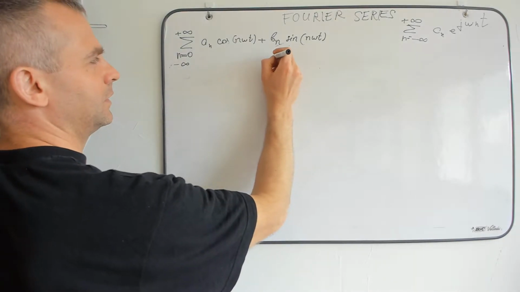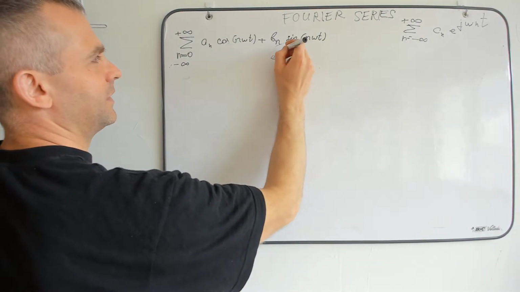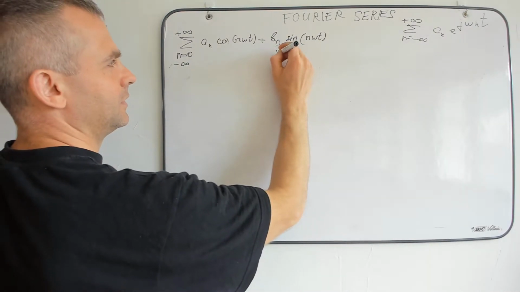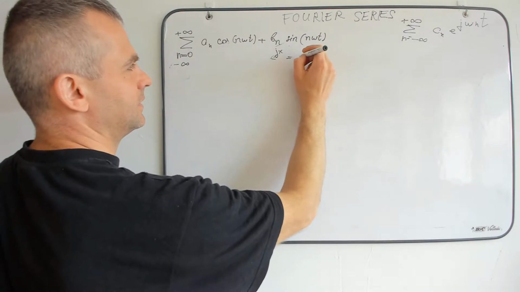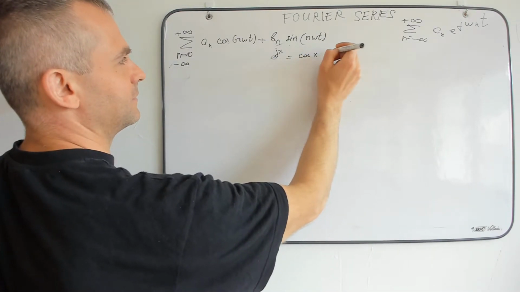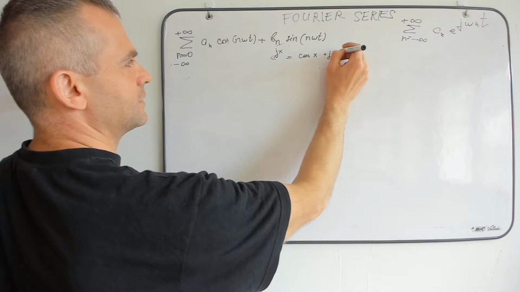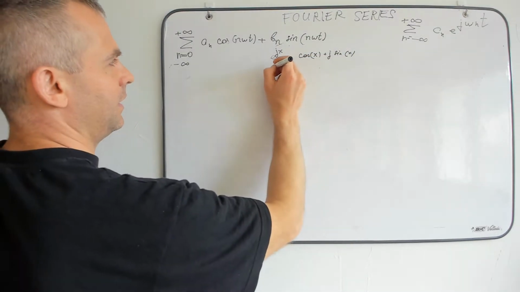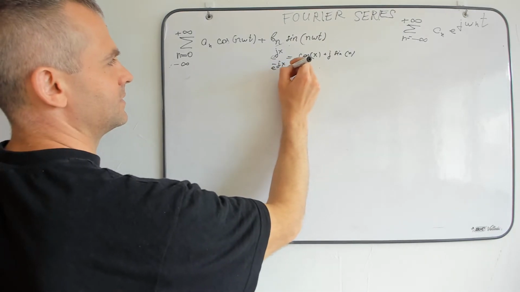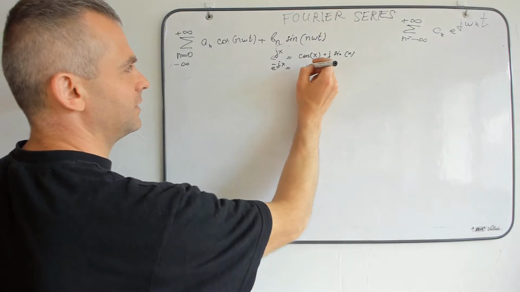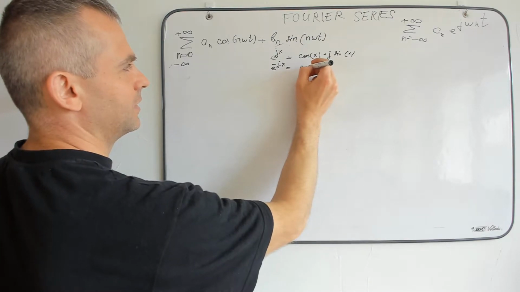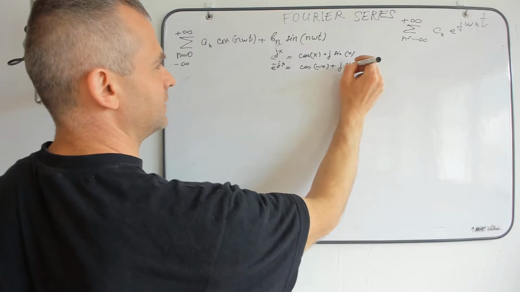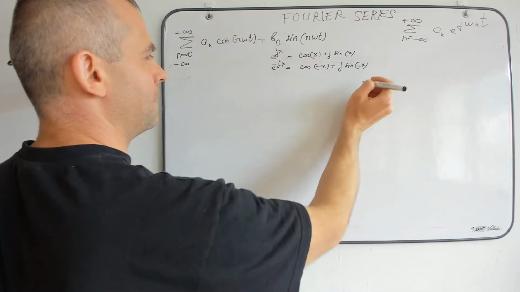So we know that exponential of jx is equal with cos of x plus j sine of x, and if I get exponential of minus jx, that will be cos of minus x plus j sine of minus x.